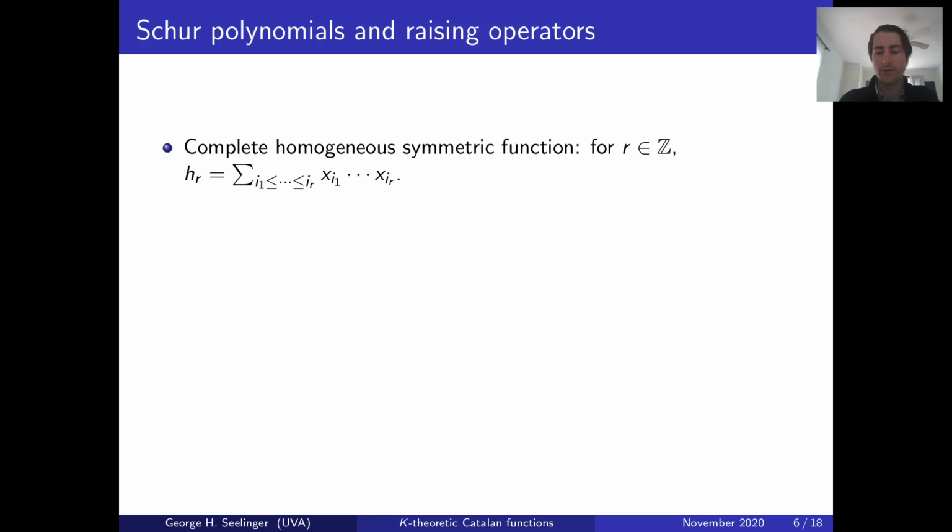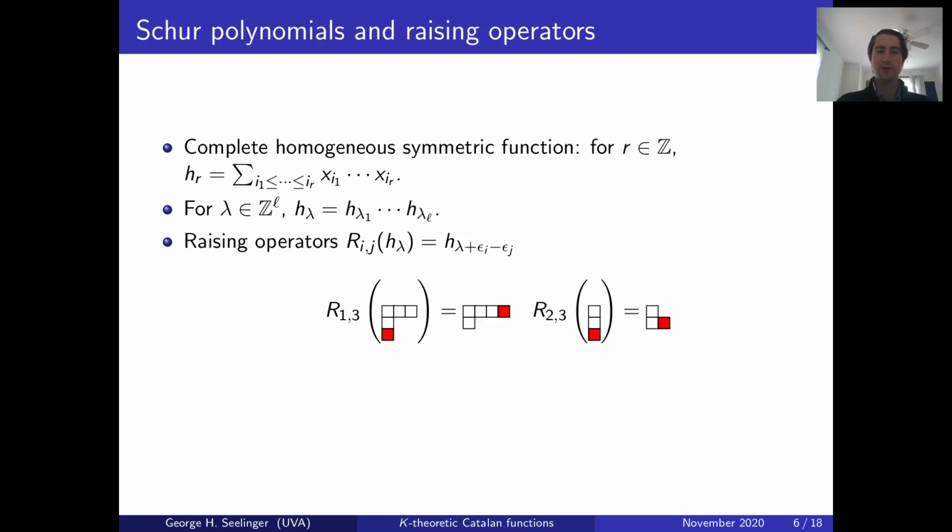Otherwise, if the integer is 0, it'll be 1, and otherwise we have this formula. Furthermore, if you have symmetric functions, you can multiply them together and get another one, so for each integer vector, we can associate a symmetric function by just multiplying these h functions together.